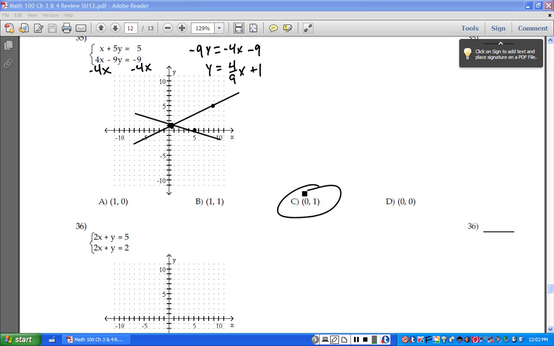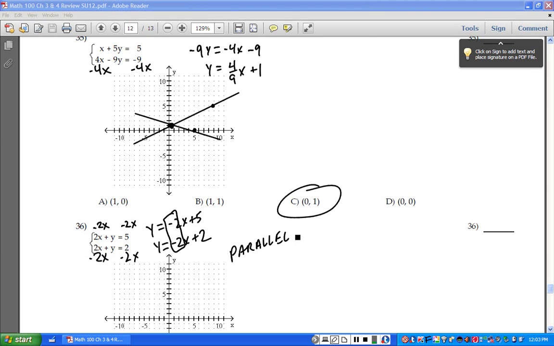Alright, this number 36, I'll put it in slope-intercept form, so I'll subtract 2x, and I'll do the same for the second one. Subtract 2x, so for the top equation I end up with y equals -2x plus 5. For the bottom equation I end up with y equals -2x plus 2. Notice that the slopes are the same, so when you have same slopes, that means the lines are parallel.